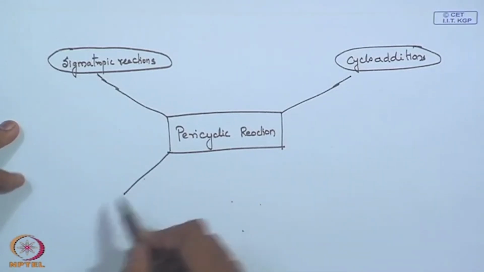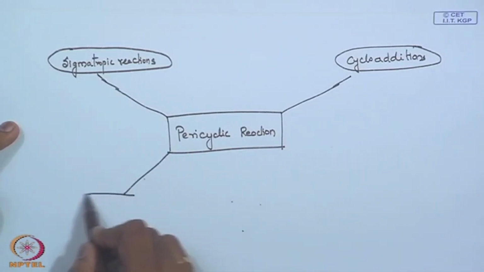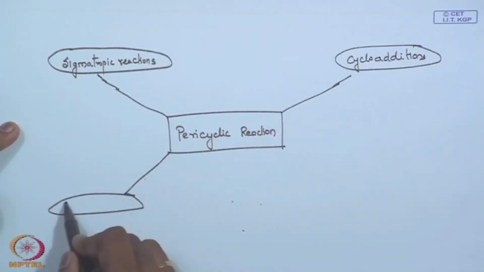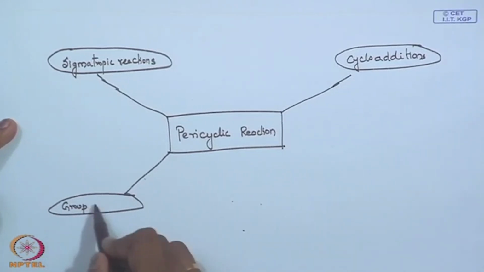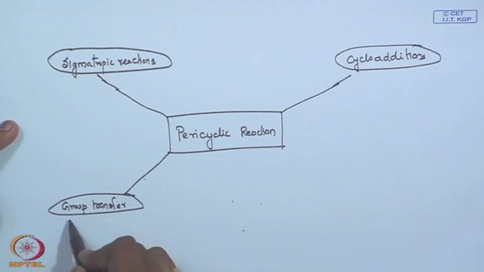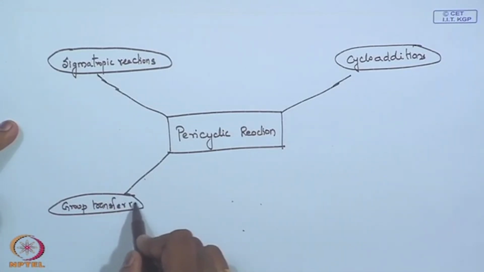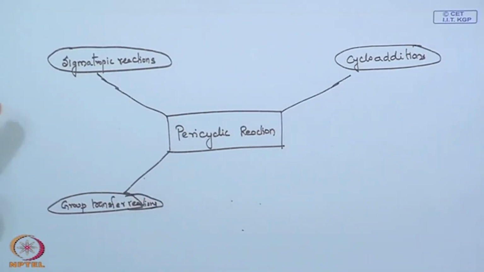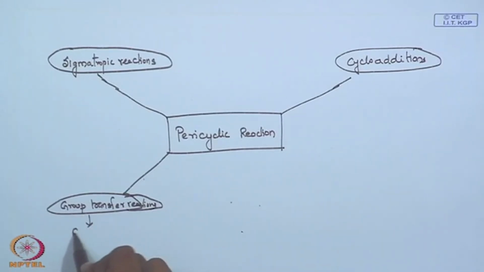Then we went to Ene reactions. The Ene reaction is a group transfer reaction, and we understood in detail how it works.